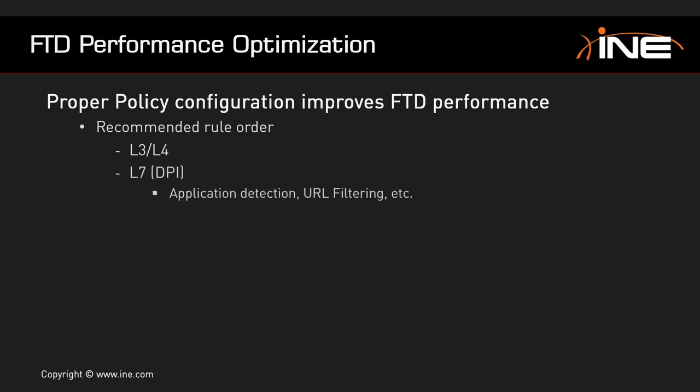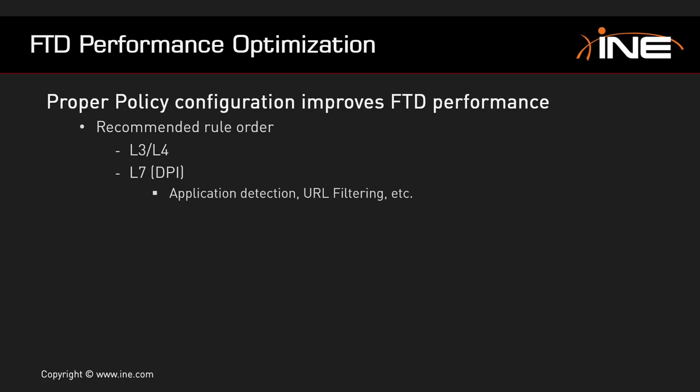Okay, then I want to put more specific rules. I want to go to the application layer. I will be looking at the payload of the packets. Rules like that, I'm going to put after my basic layer 3-4 checks. And the logic here, of course, goes like this.